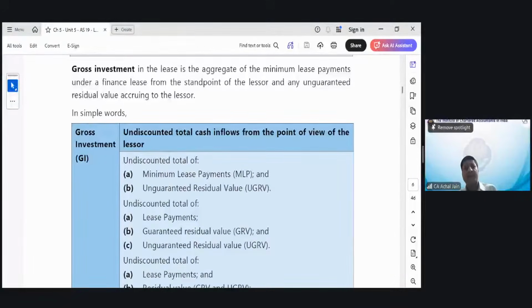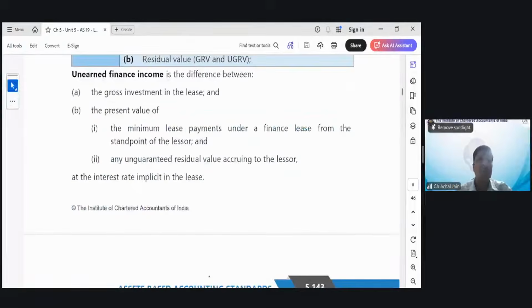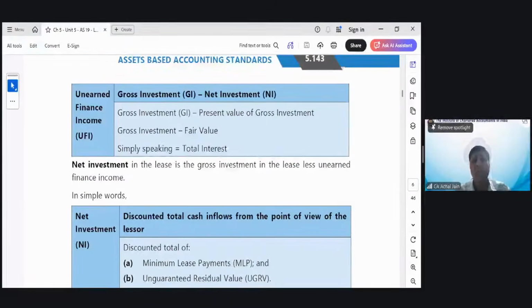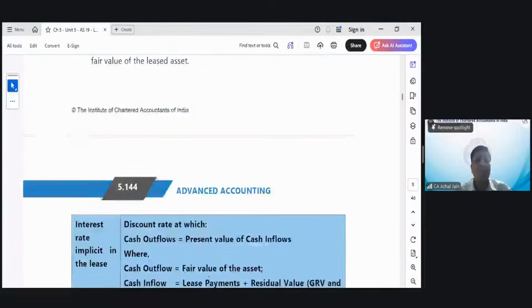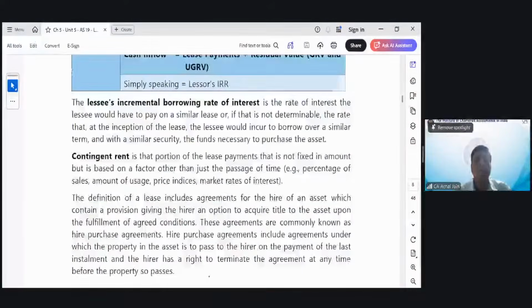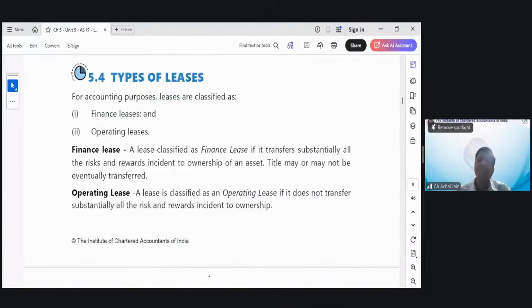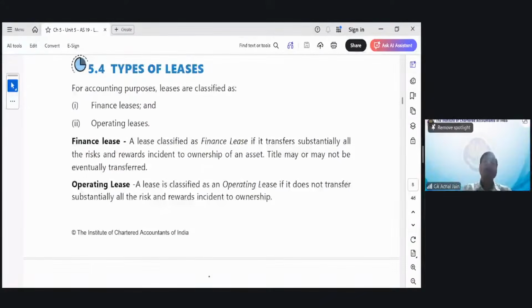From that perspective, some of these additional terms, like for example, which you can see on the screen, gross investment, unearned finance income, all of them become important. As of now, we are not touching upon that. We will move on to that slightly later, once we get on to the accounting treatment. As of now, we will move further to understand the type of lease.